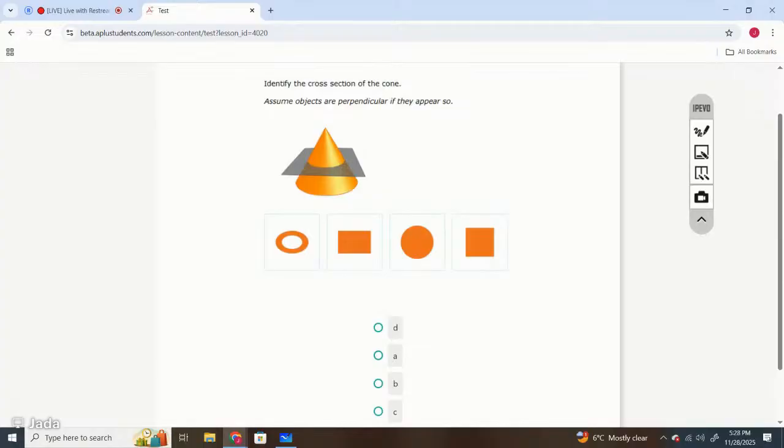Identify the cross section of the cone. That is A. Option number 2 is the correct option.